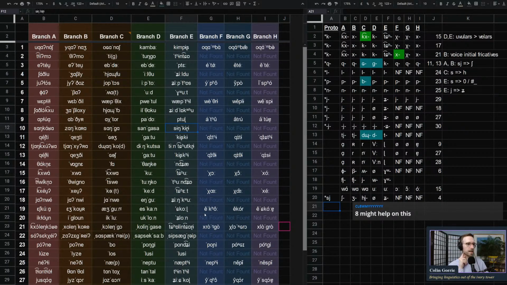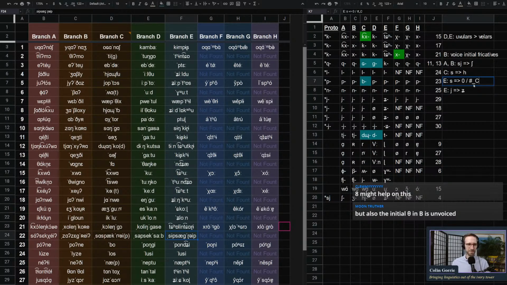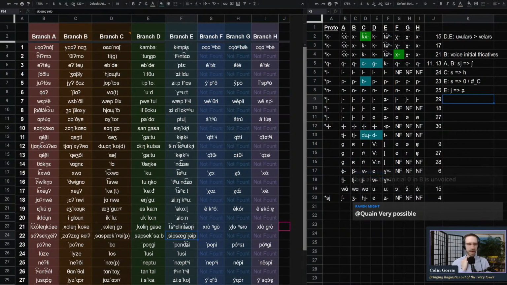Okay, that does amount to a problem unless it just is deleted in clusters. That would work. Maybe. 8 might help on this.